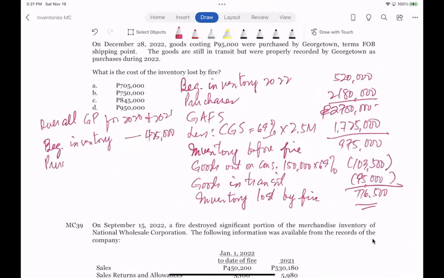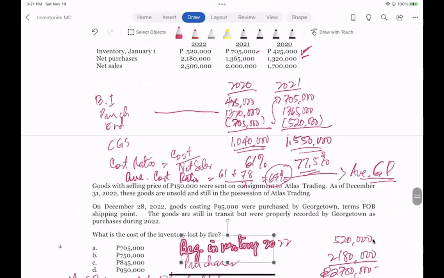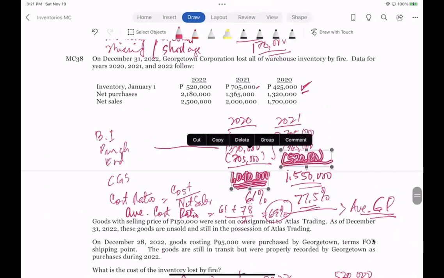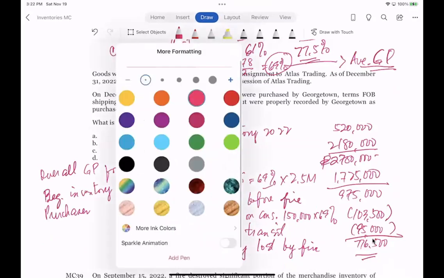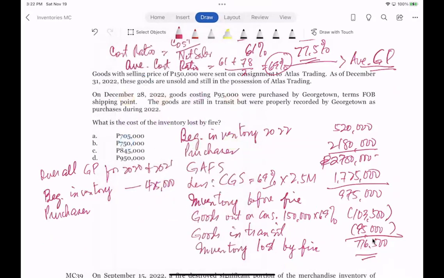Add purchases for the 2-year period. Your total purchases amounted to 1365 plus 1320. So that is 2685. So total goods available for sale is 425 plus 2685.